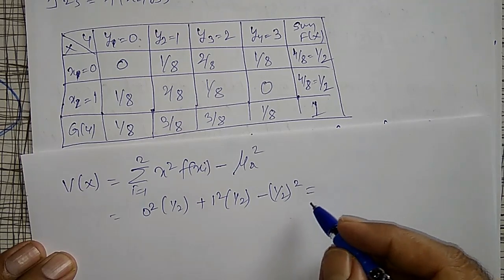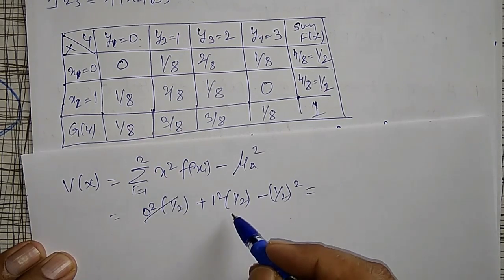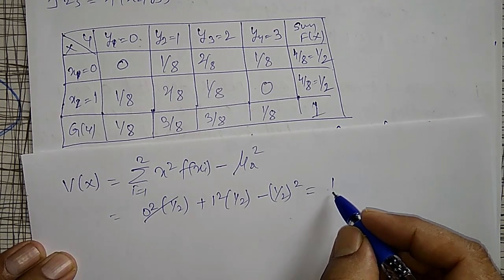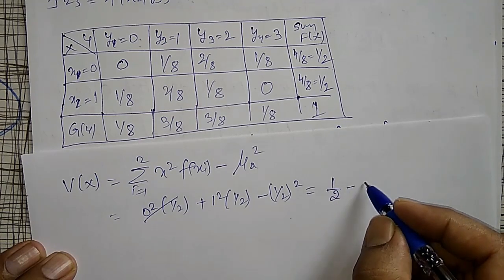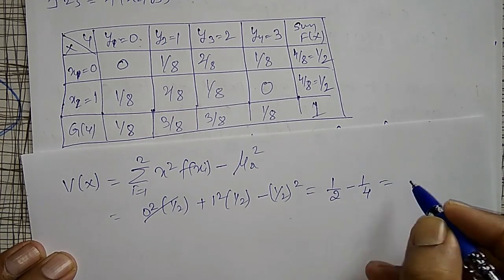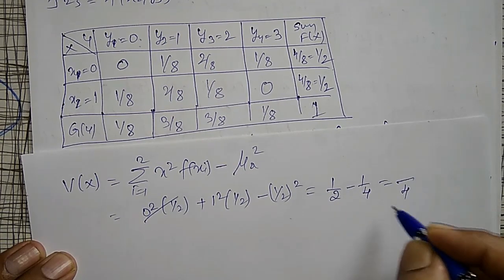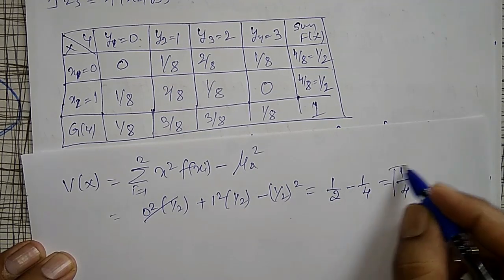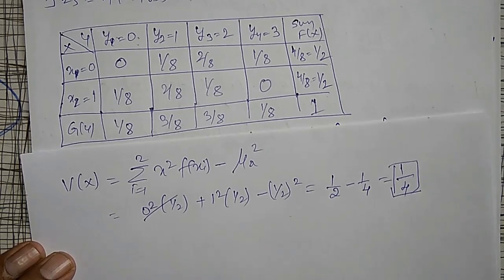Simplifying this, this is 0, this is equal to 1 by 2 minus 1 by 4, which is equal to, LCM is 4, 2 minus 1, it is 1 by 4, the variance of x.